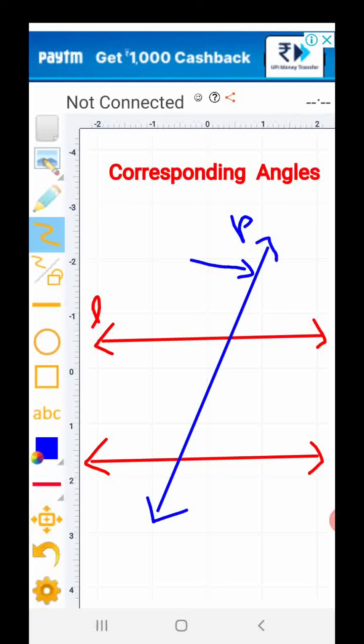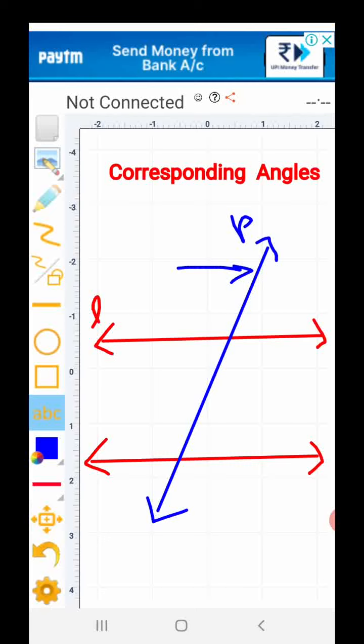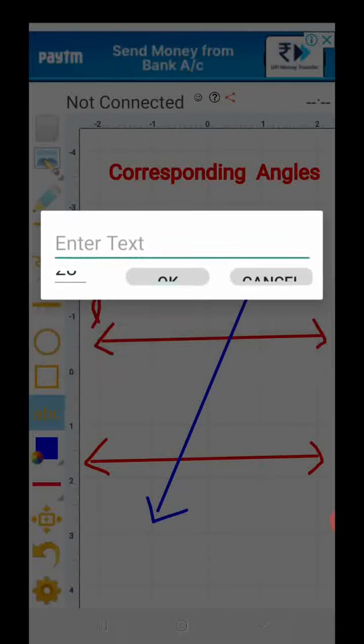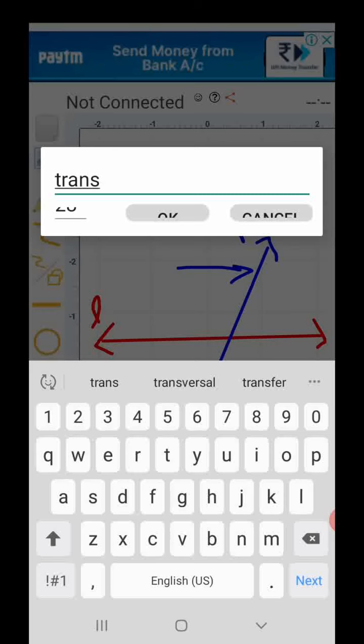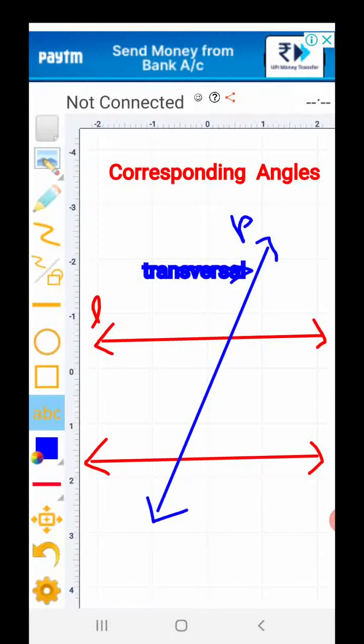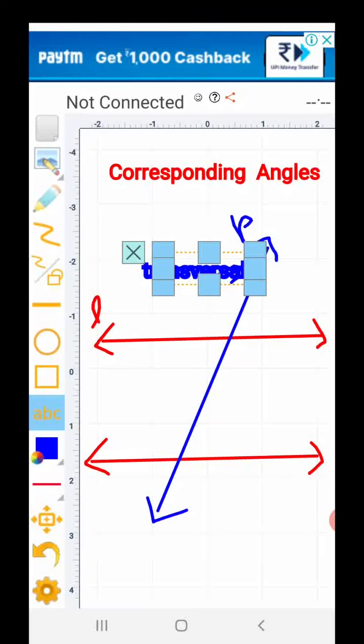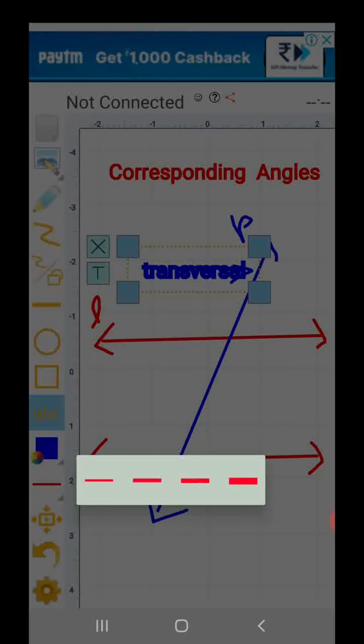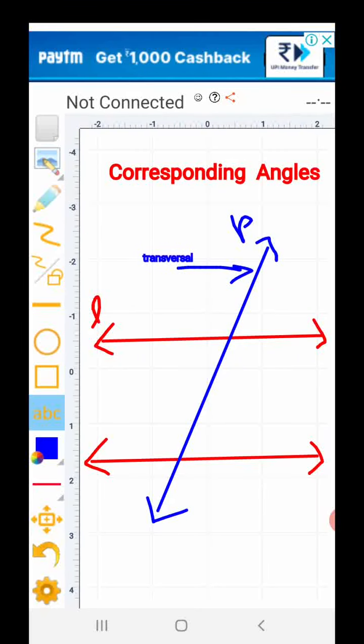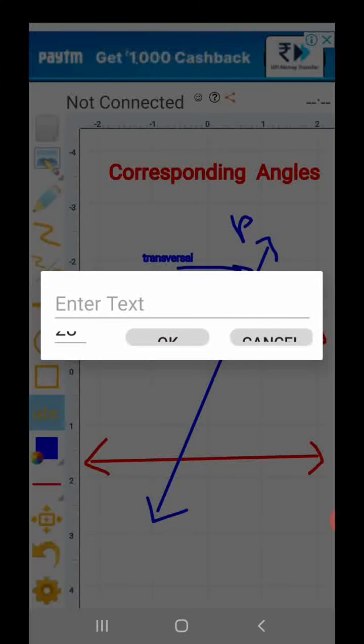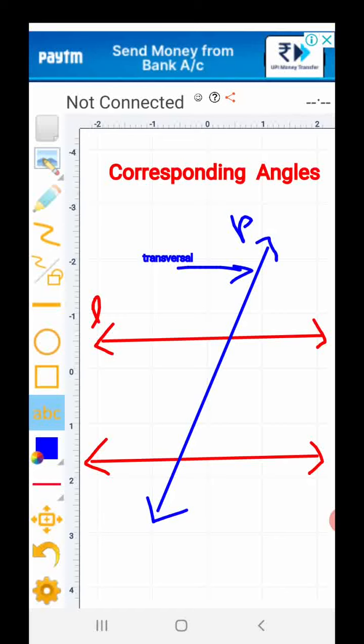This line is known as transversal. The pair of angles on one side of the transversal.